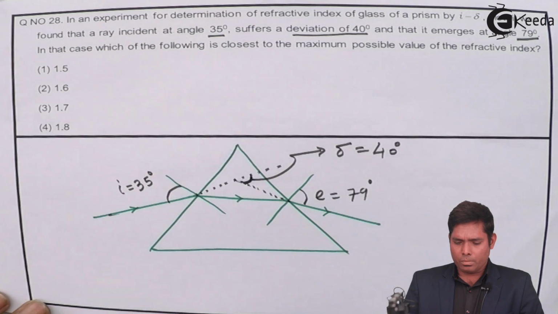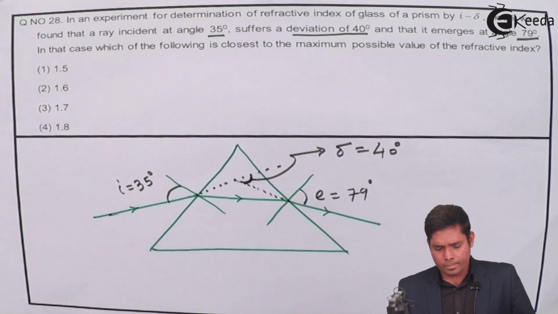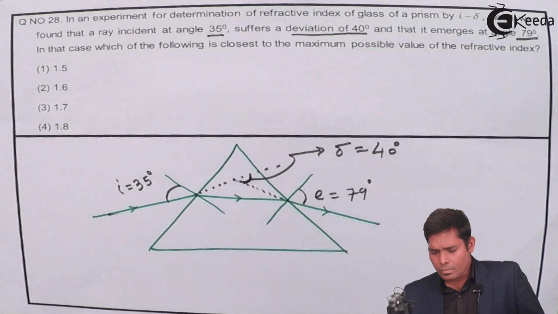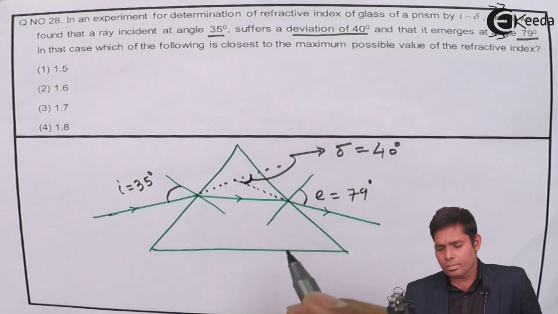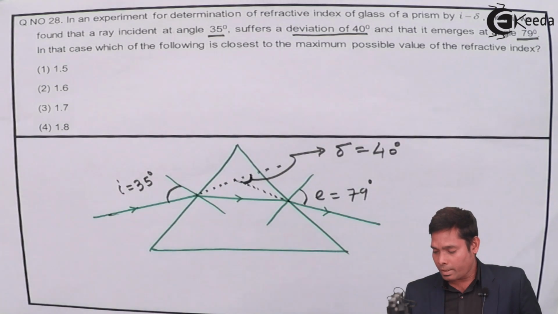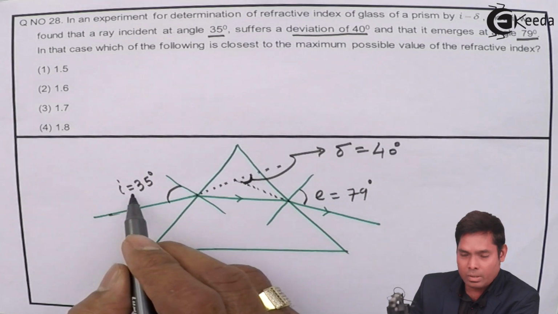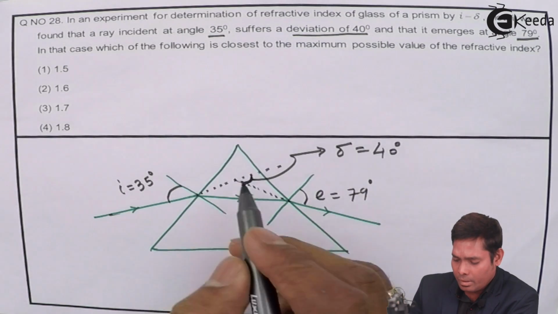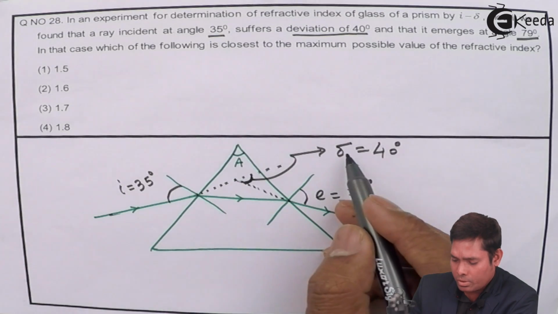The maximum possible value of refractive index can be found using a formula. We have to solve this with a formula. We know that there is a relationship between I, E, this angle A, and this delta.